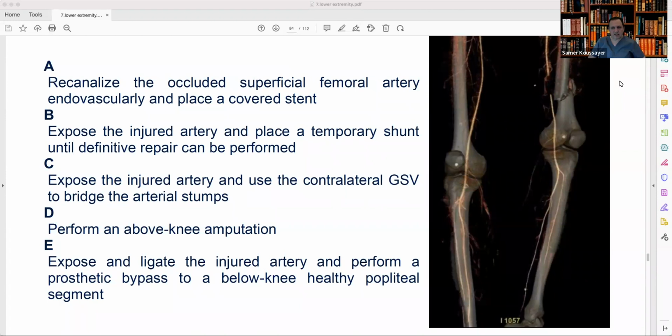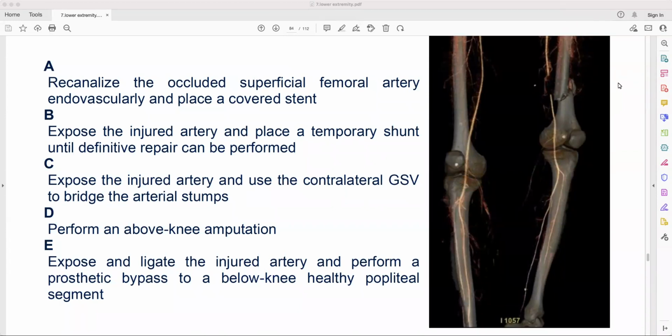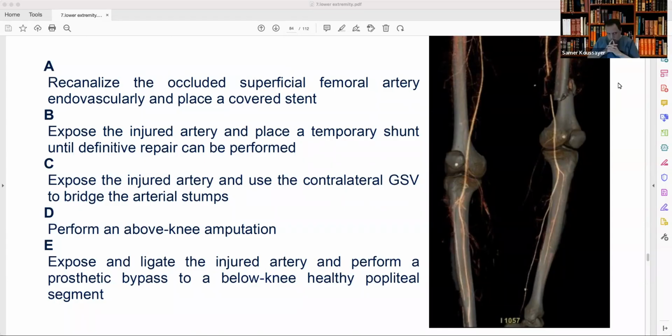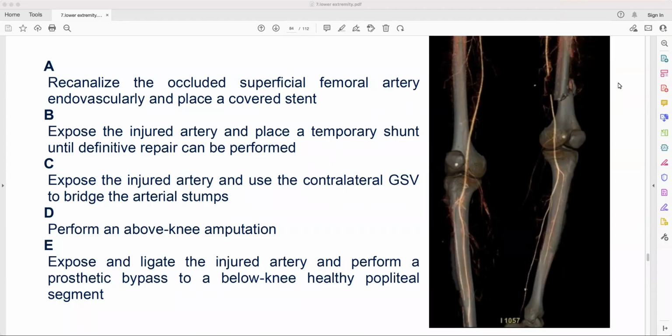Okay. E, expose and ligate the injured artery, perform a prosthetic bypass to below knee healthy popliteal segment. I don't think this is a great answer, especially since we have a better answer before. Plus, a prosthetic graft in trauma will be infected, with high risk of infection.